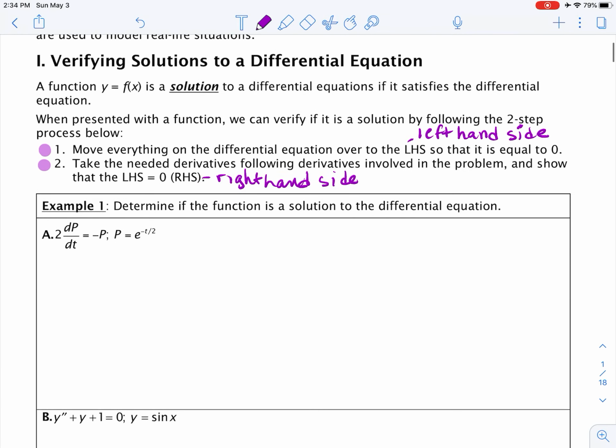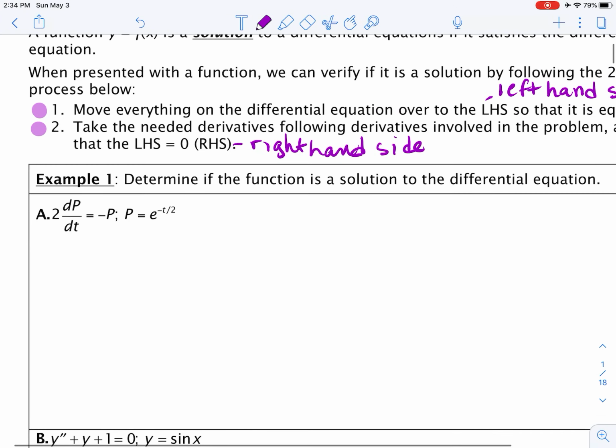So here we have an example. This says 2 dp/dt equal to negative p, and we are determining if p equal to e to the negative t over 2 is a solution to the differential equation. So we first have to take the derivative.